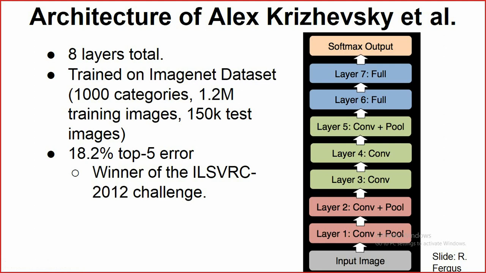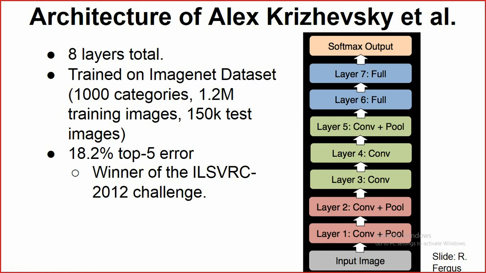It means that the system predicts 5 labels, and if the correct label is among these 5, we accept it. The system doesn't only predict one label. We give it a chance to predict 5 labels.